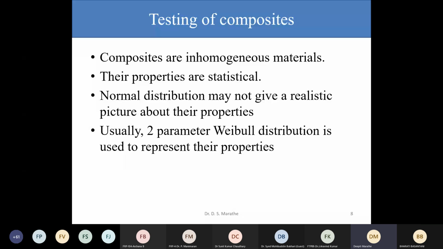So there is great inhomogeneity, and this inhomogeneity actually makes the properties of composites statistically dependent. Because of all of this, I cannot go in for a normal distribution to give me a realistic estimate of the properties.